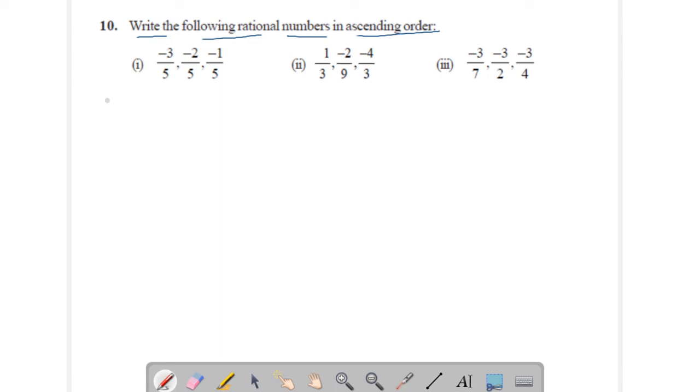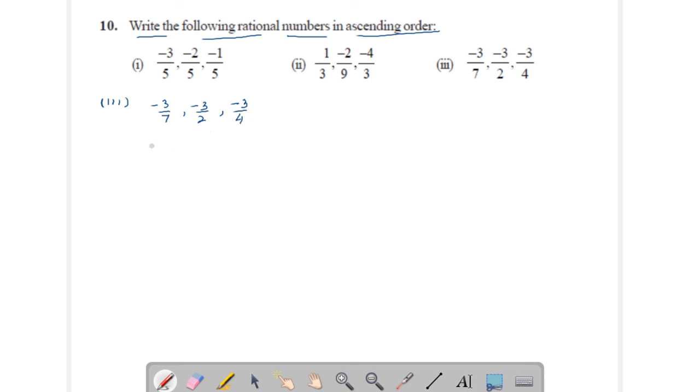Now come to third part. Minus 3 upon 7, minus 3 upon 2, minus 3 upon 4. Here what we observe, that numerator of all the fractions are equal. If numerator of all the fractions are equal, then we can compare denominators, and in denominator the smaller number is smaller.